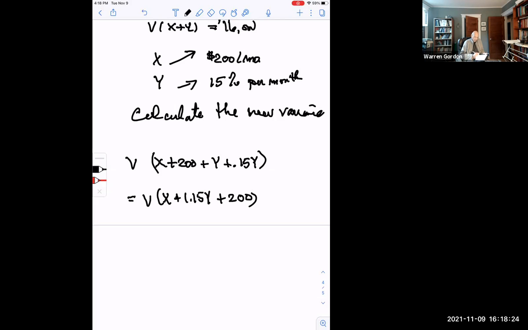This 200 is a constant, so this just becomes V of X plus 1.15 Y. So this is exactly what we have to compute.